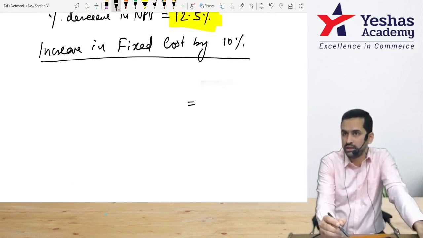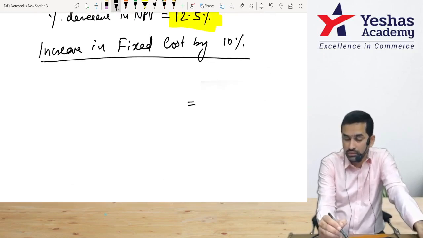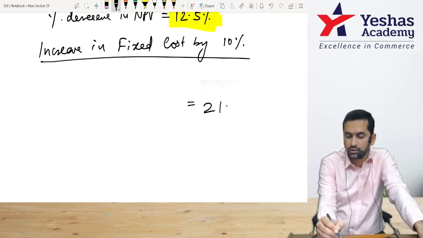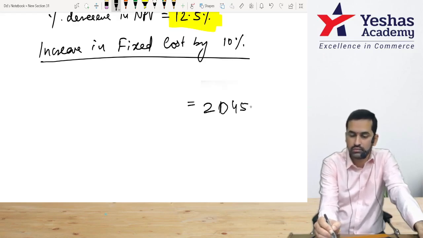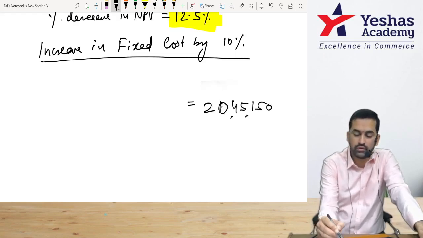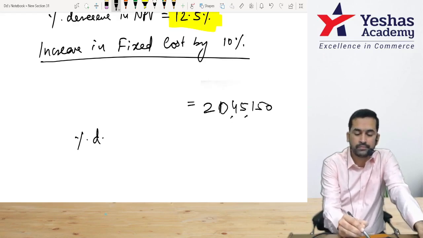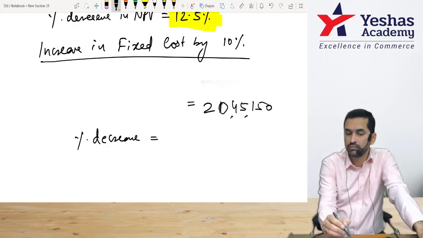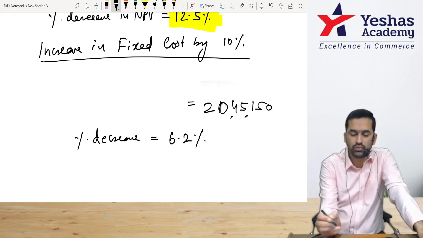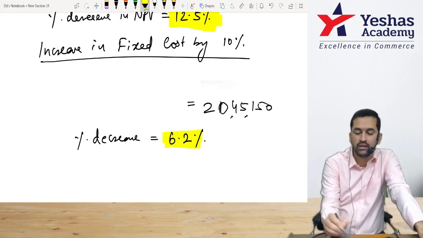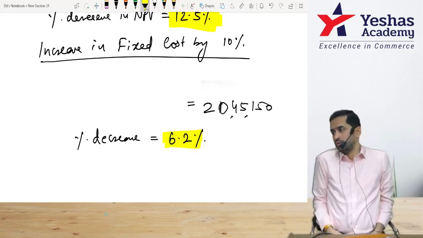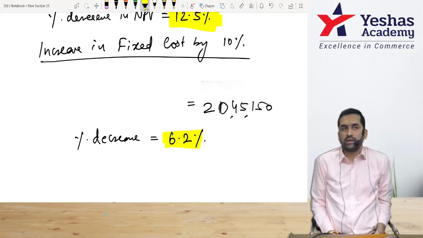If anyone has this NPV, 2045, correct? 150. 6.2% approximately. What is the practical application of this?